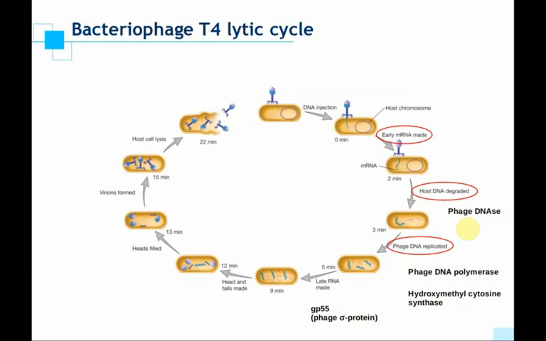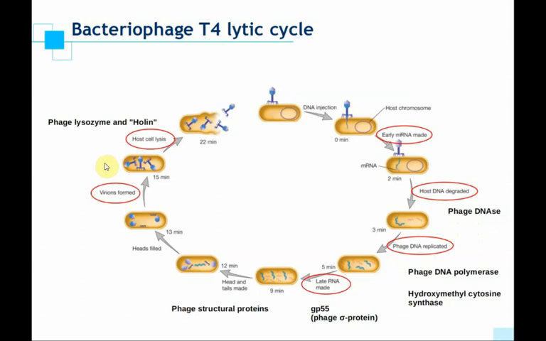So what do you have in the late genes? You have genes coding for the structural proteins of the phage, all the capsid proteins, and this allows the formation of virions, virus particles, and then finally the infected bacterium will be lysed.